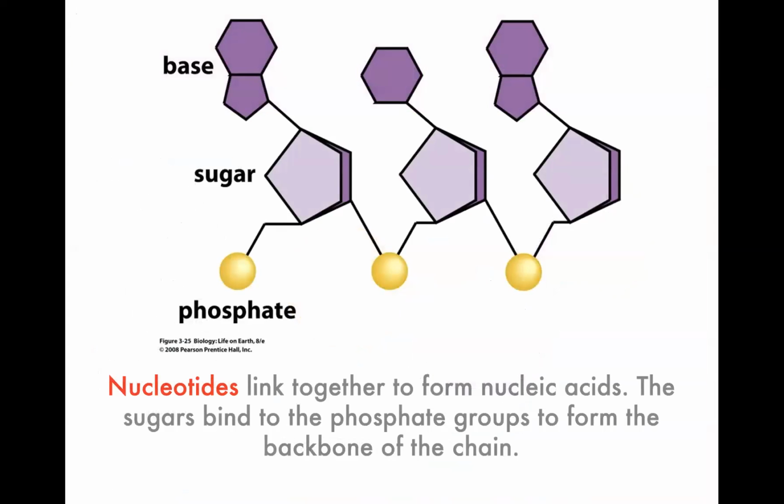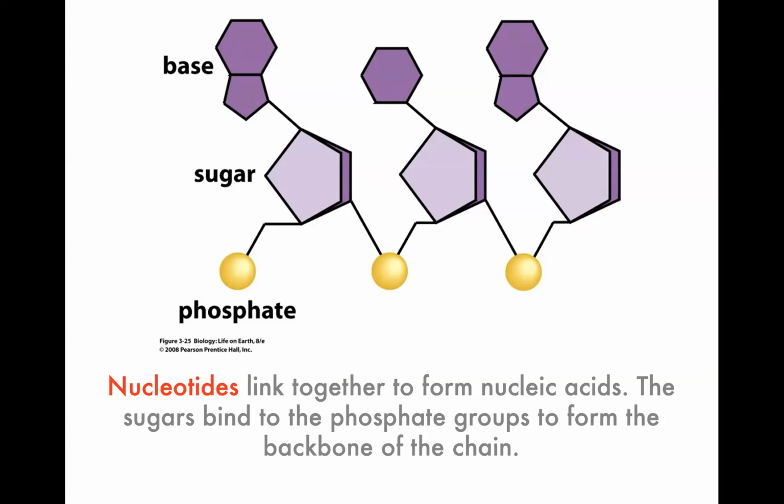The building blocks are nucleotides. Write this term down: nucleotide. Nucleotides join together to form nucleic acids. The structure of a nucleotide is that there is a sugar group, a phosphate group, and a nitrogenous base. You've probably heard this information before.